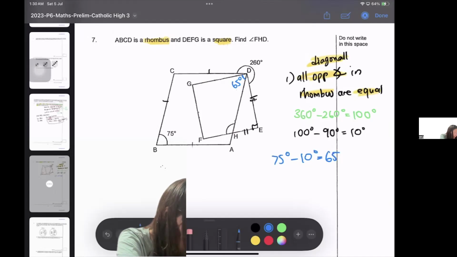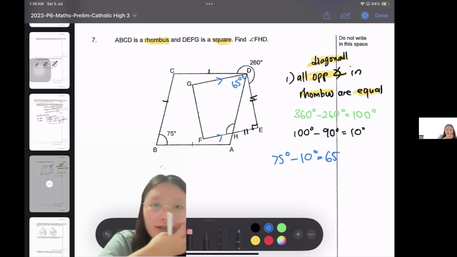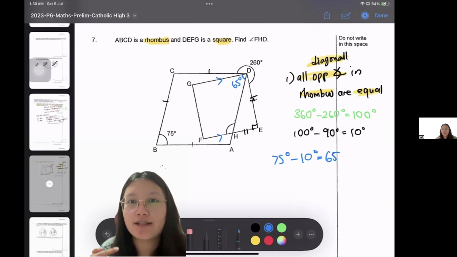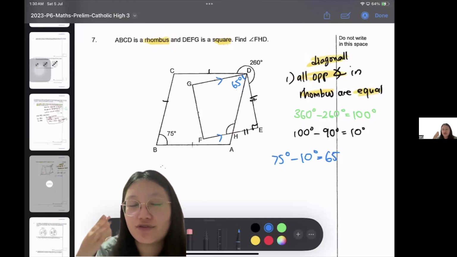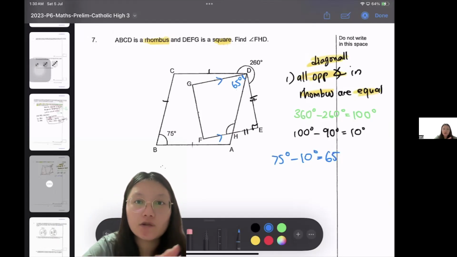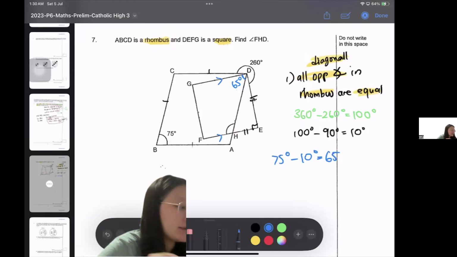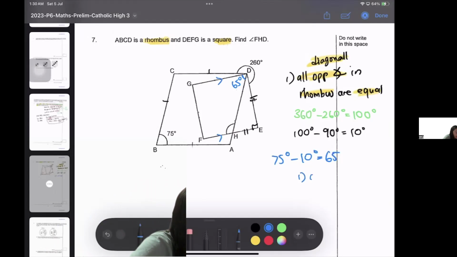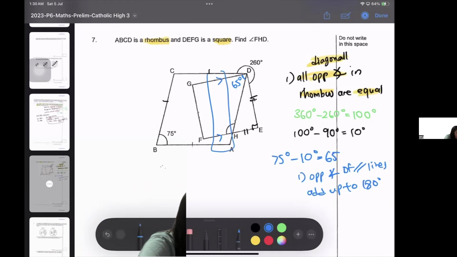So now you have to make use of the last step that I told you to do, which is use the parallel sides in the trapezium. The last property is that opposite angles of parallel lines add up to 180 degrees. Here we have two pairs of parallel lines.